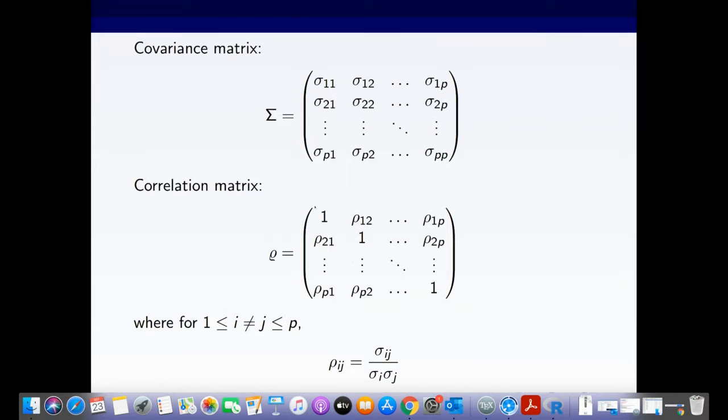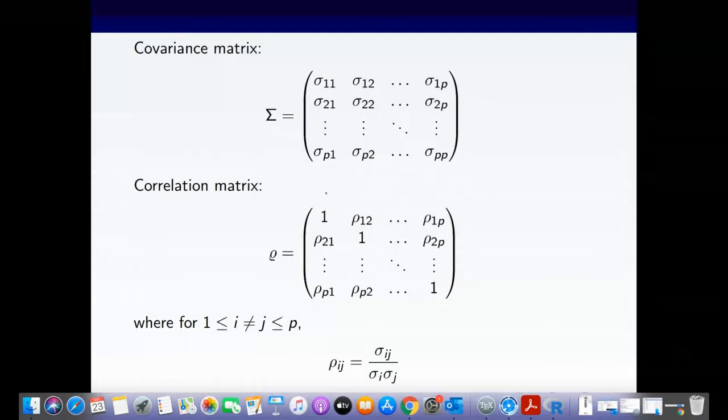So here the diagonal term should be 1, because the diagonal term means we would like to find the correlation between two identical variables. For the first element, this one is the correlation between x1 and x1.